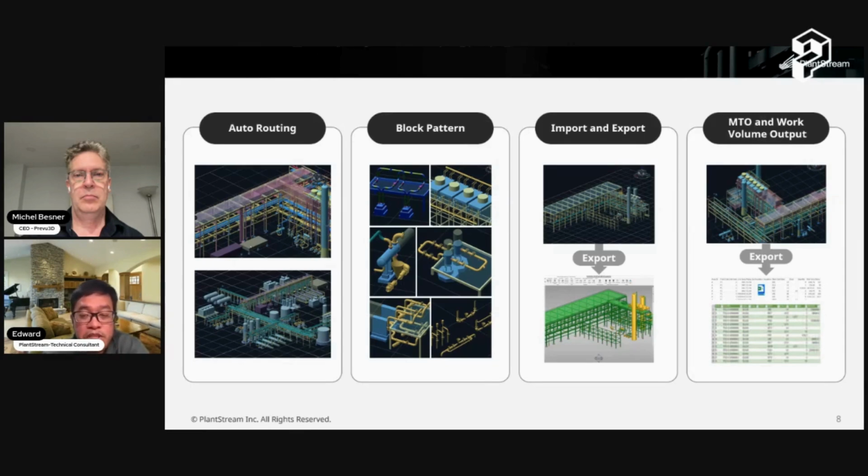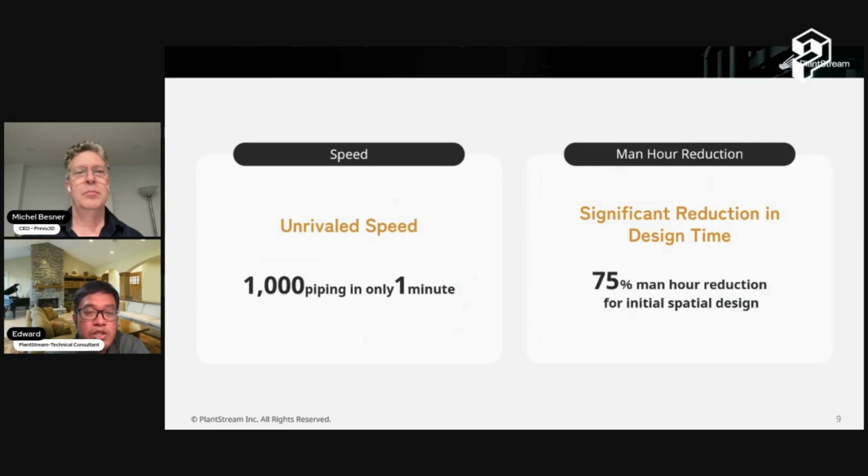This enables a highly accurate cost estimation based on 3D models. The reports are generated in the form of Excel files. So again, PlantStream enables the design of 1,000 pipes in just 1 minute, and it helps to reduce the design time up to 75% compared to conventional workflows.